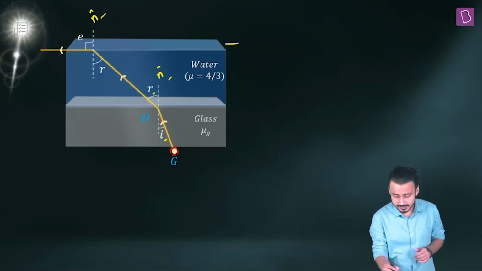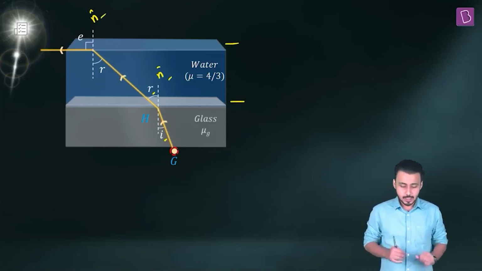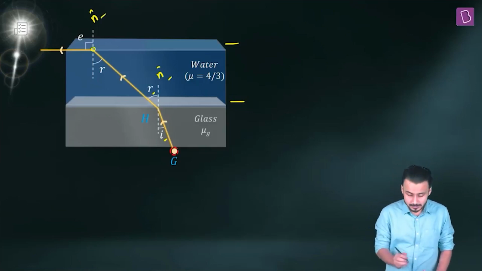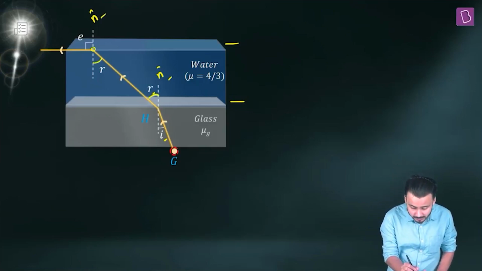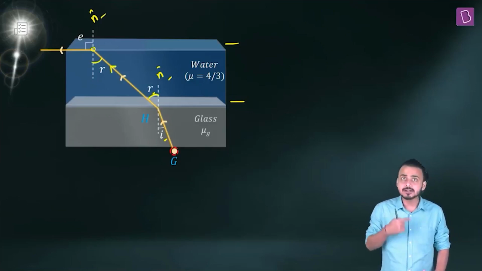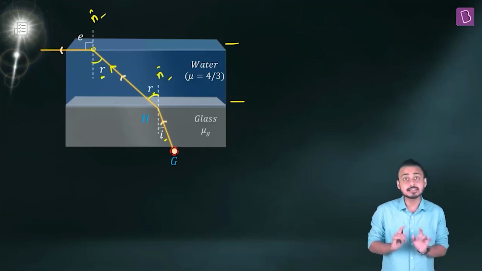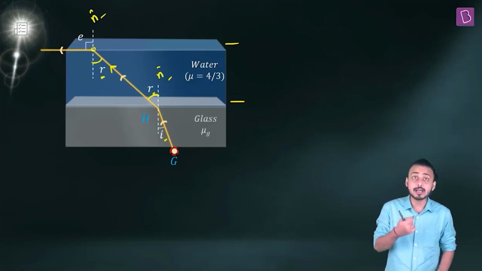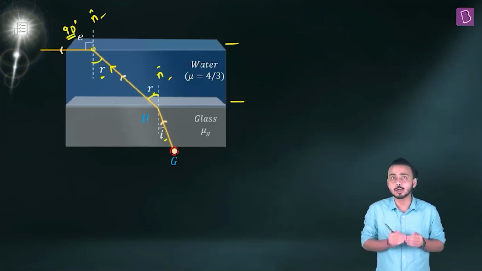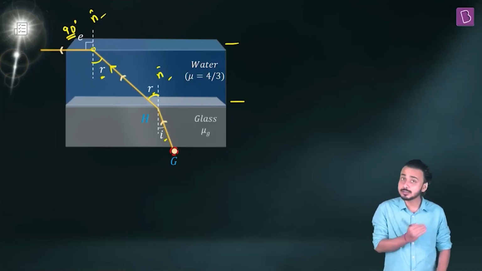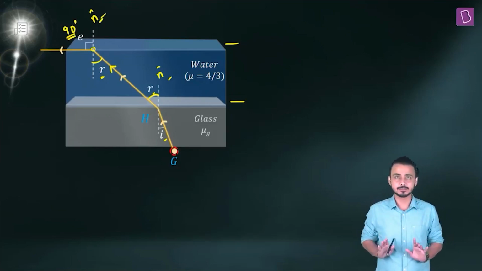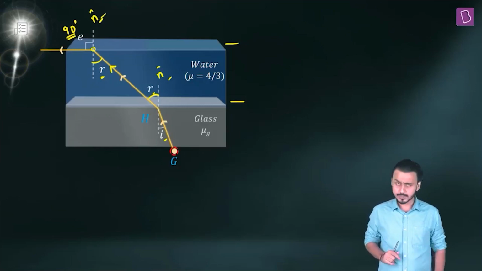Because this surface and this surface are parallel, for the second refraction between water and air, this R will be equal to this R, and it is now the incident ray for the second interface. So for the second surface, the incident angle is R and the angle of escape E is given to be 90 degrees. Why 90 degrees? Because it grazes along the water surface, so it goes parallel to the surface. So with respect to the normal, the final emergent ray will make an angle of 90 degrees. Agreed till this point?